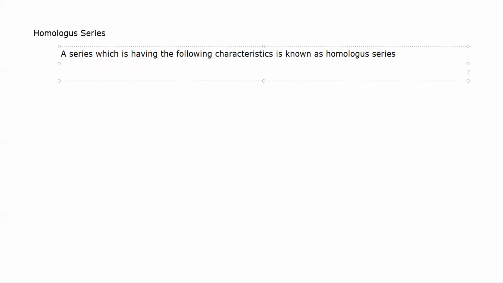So a series which is having specific characteristics or properties, we call that a homologous series. What are the characteristics? Number one, it should have a general formula, meaning using that formula, we can find any member of this series.